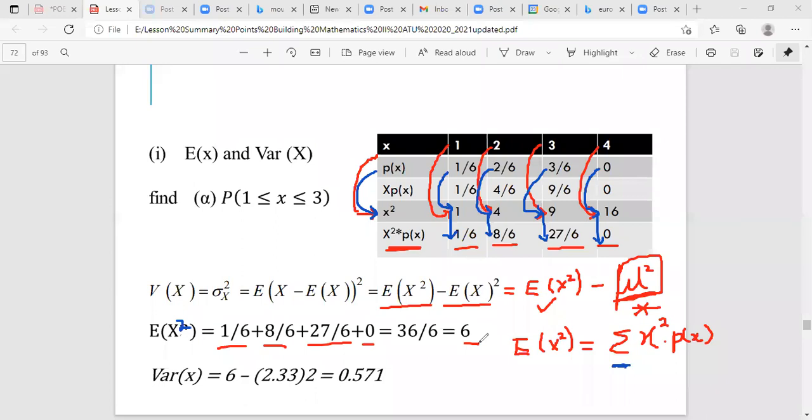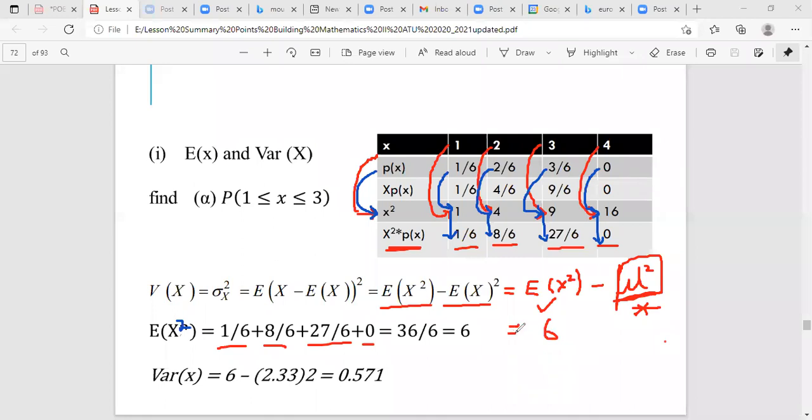So if that is the case, then our variance is going to be, I'm going to write that here, we have just found the expectation of x squared to be 6.